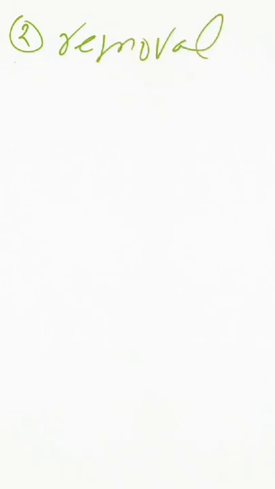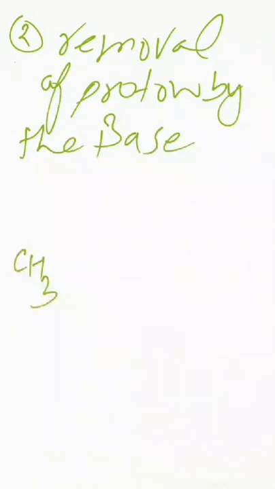In the next step, what happens is that the base removes a proton from this carbocation. So in step 2, what happens? Removal of proton by the base. We have our carbocation here.